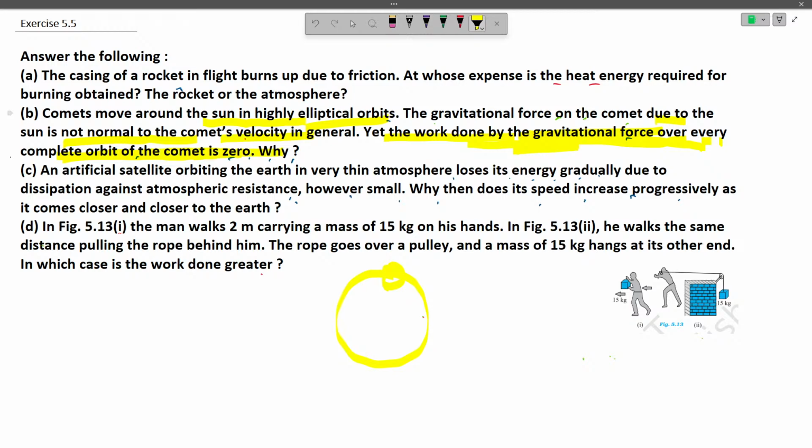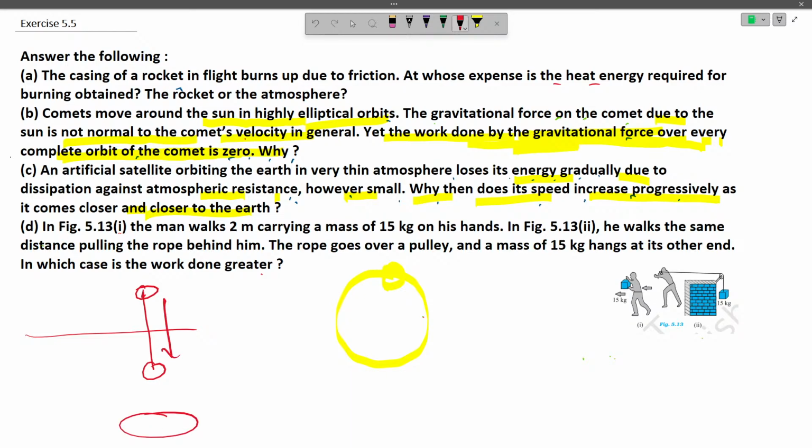Now the third question is, an artificial satellite orbiting the earth in very thin atmosphere loses its energy gradually due to dissipation against earth's atmospheric resistance, however small. Why then does its speed increase progressively as it comes closer and closer to earth? The question is saying that, let us assume this was the level of the satellite, and the satellite has reached over here, and this is earth.